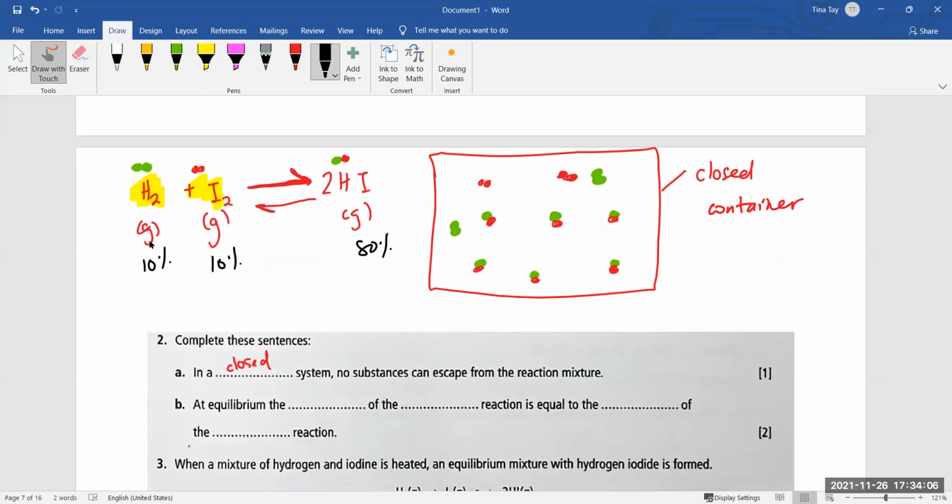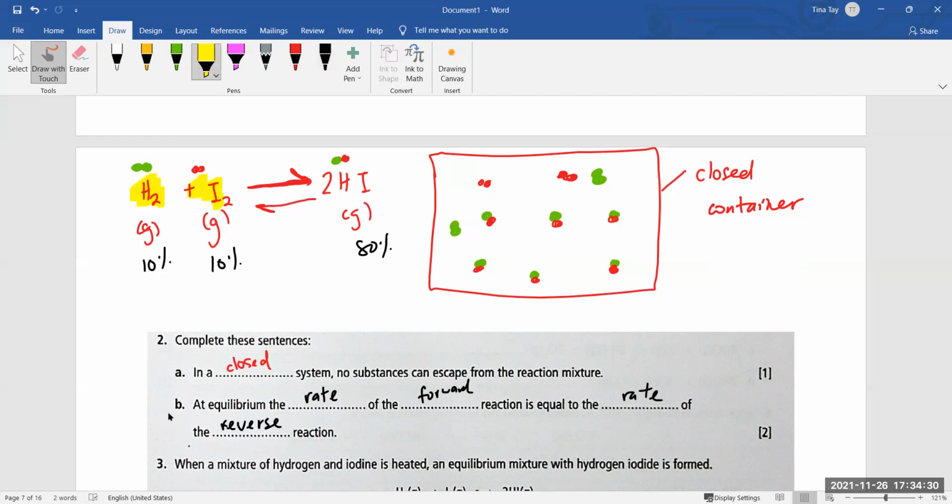Hydrogen and iodine becoming hydrogen iodide and hydrogen iodide breaking to become hydrogen and iodine happen at the same speed. So at equilibrium, the rate of the forward reaction is equal to the rate of the reverse reaction.